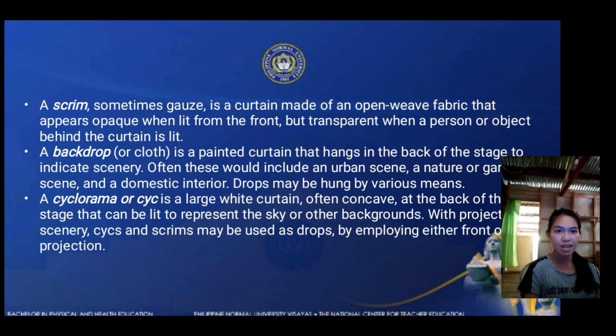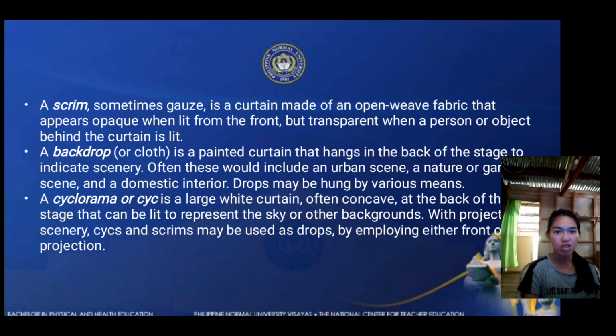Next is a scrim, sometimes called gauze. It is a curtain made of an open weave fabric that appears opaque when lit from the front, but transparent when a person or object behind the curtain is lit.